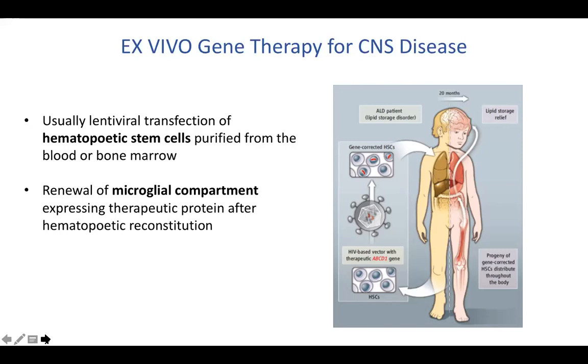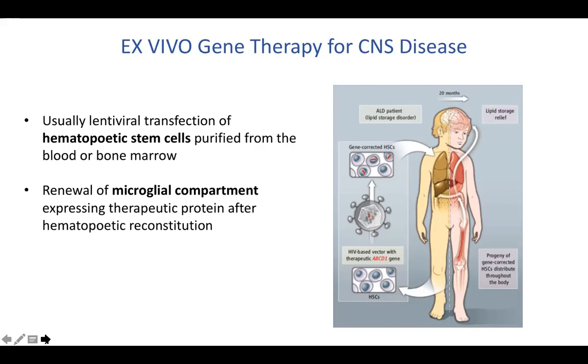And we think the reason that that works is that these hematopoietic stem cells go from bone marrow to blood and from blood to brain. And there they can renew a particular compartment of cells known as microglia. Whether it's just through that effect or through other mechanisms is not quite clear.